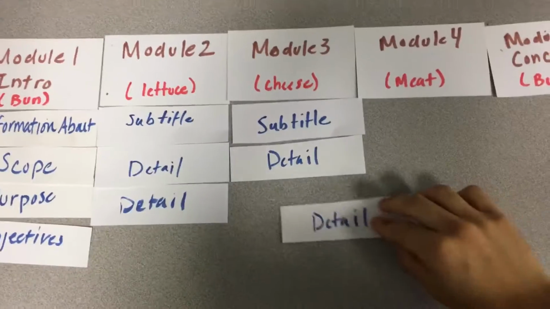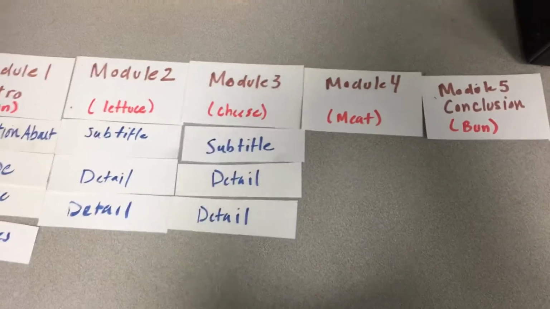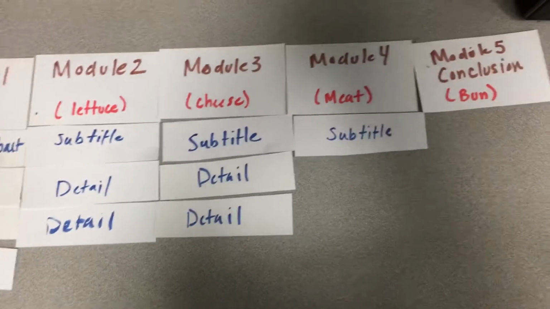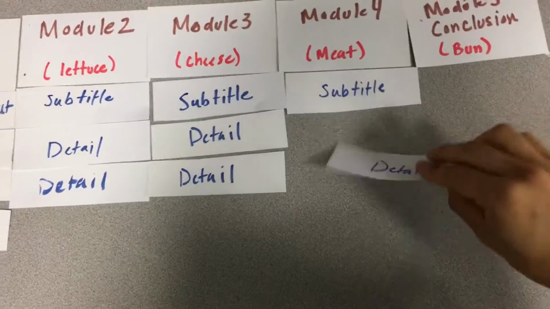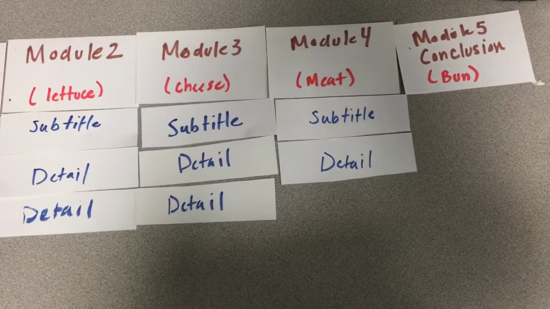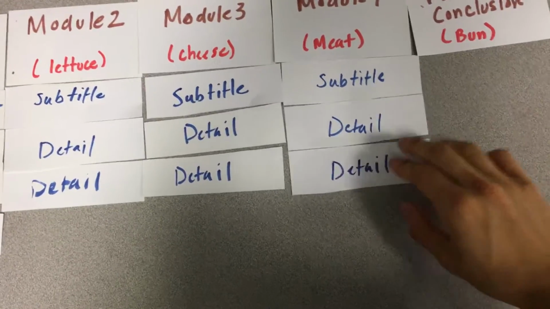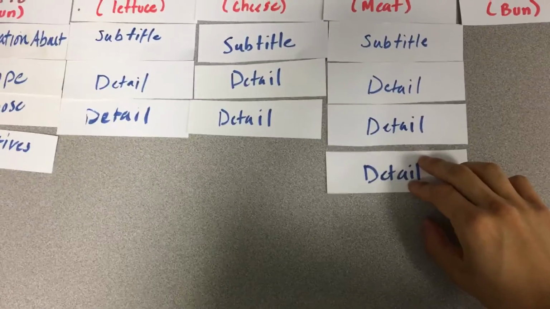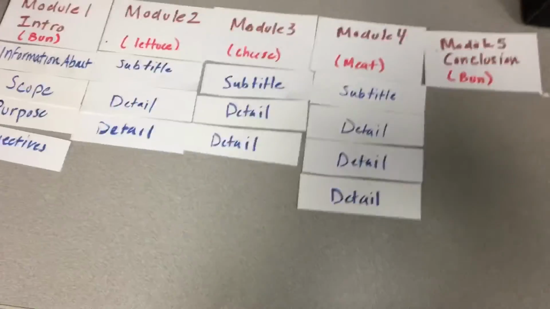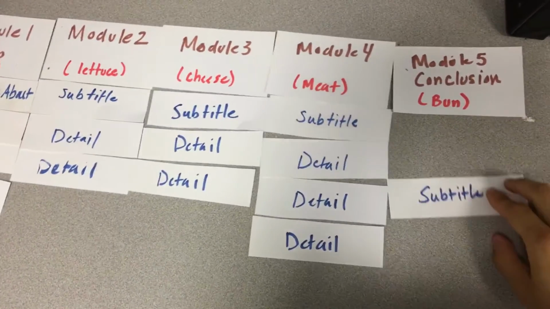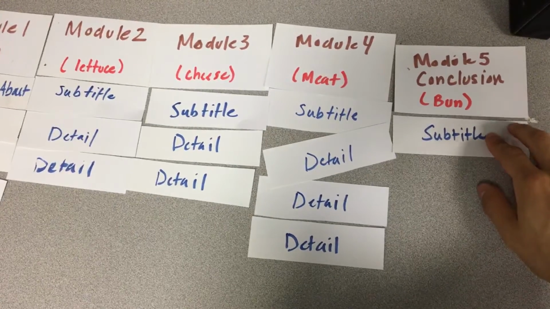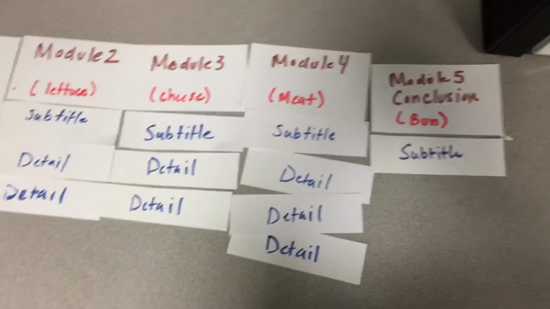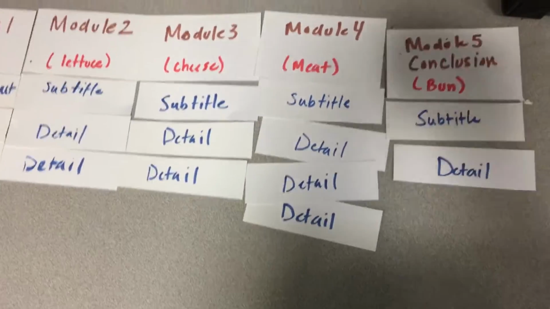As we get into Module 4, the meat, we should have more related details and information. And as we get to the conclusion, we have information and details concluding the topic.